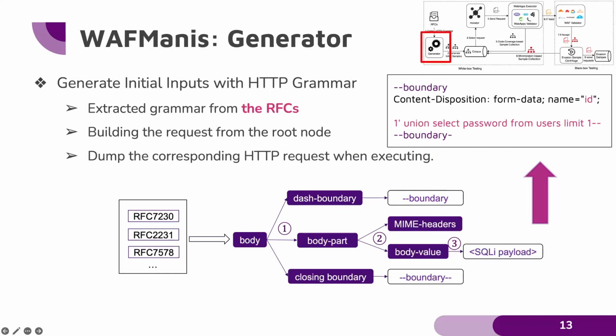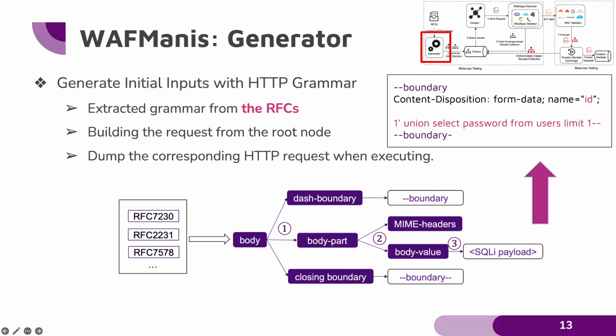The generator's job is to help the framework generate initial inputs with HTTP grammar guidance. We first extract ABNF grammars from the RFC standards, and the generator will start to build an AST from the start symbol. In this sample, we start with the body symbol, and the generator will derive the symbol with grammar into dash boundary symbols, body part symbols, and closing boundary symbol nodes.